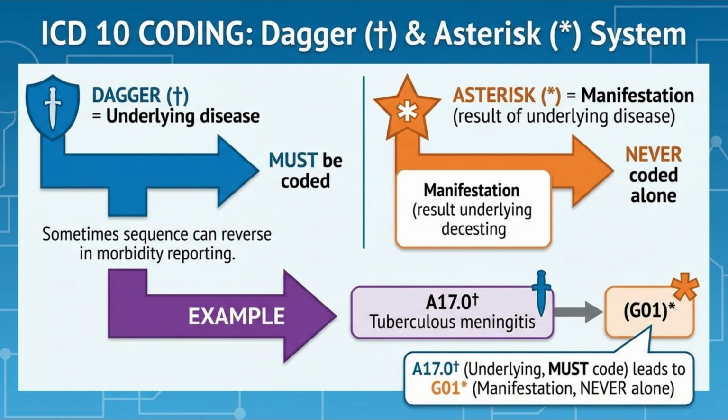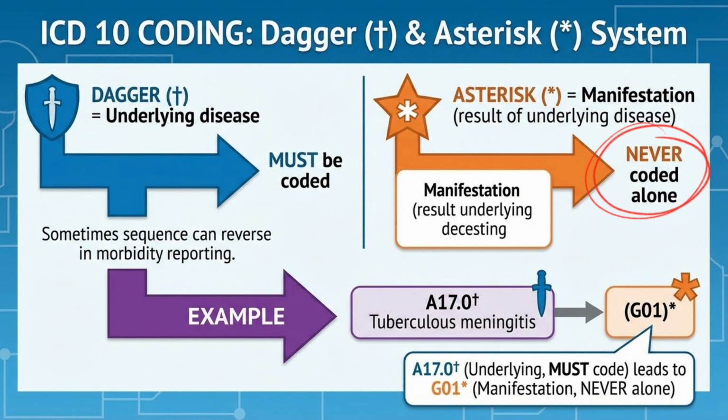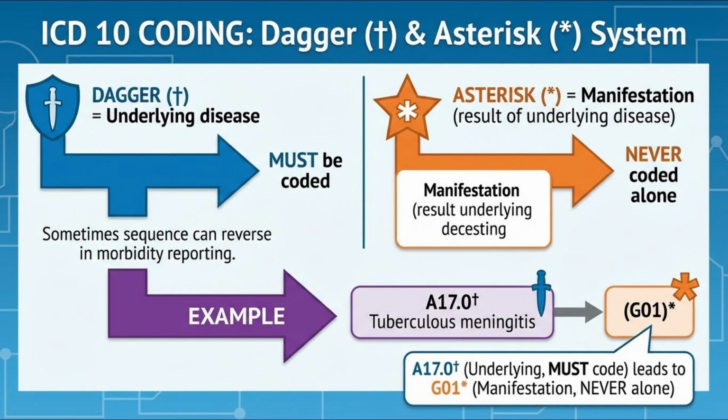Example, A17.0 tuberculous meningitis is the underlying disease. It leads to G01 asterisk, the manifestation. So remember, dagger equals code first, asterisk equals add-on. Never alone. Follow for more quick ICD-10 coding tips.